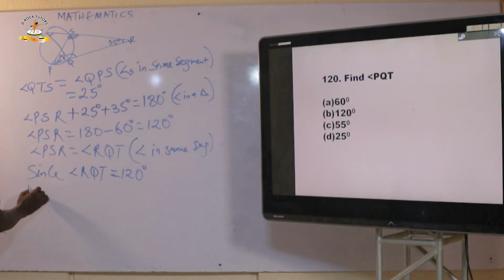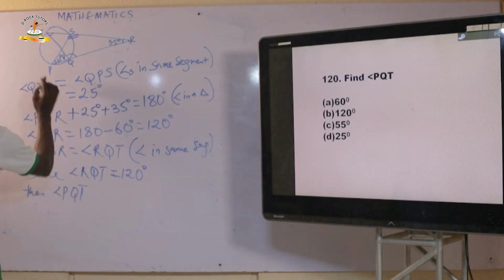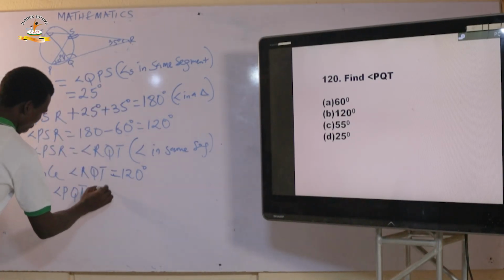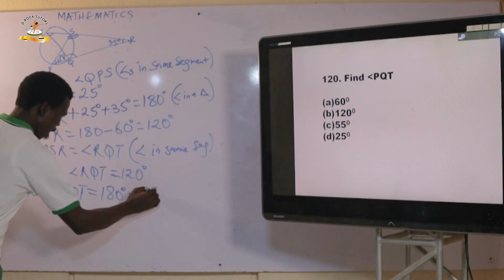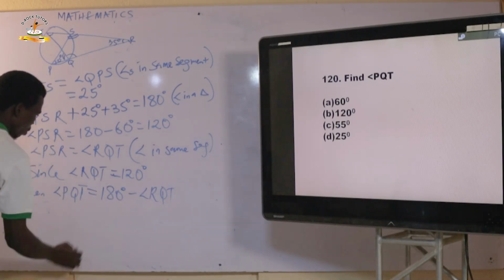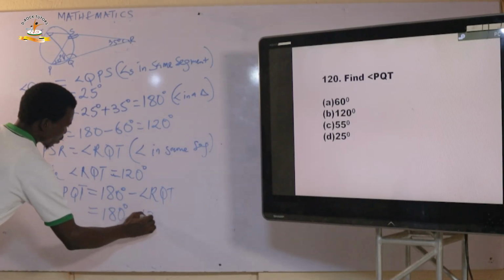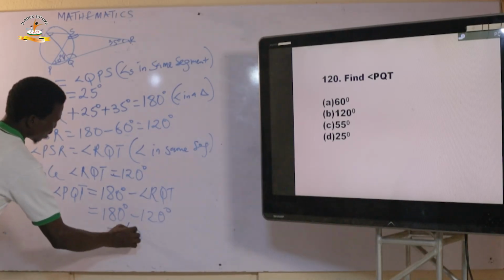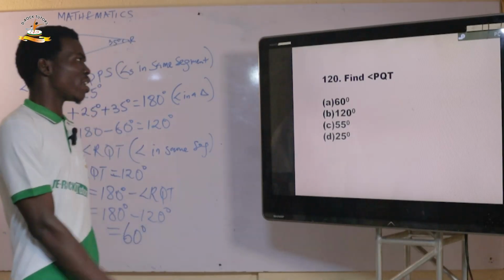Don't forget, angles on a straight line add up to 180. So angle PQT is 180 degrees minus angle RQT, which is 180 degrees minus 120 degrees, and this is simply 60 degrees. The correct option is A. Our next question.